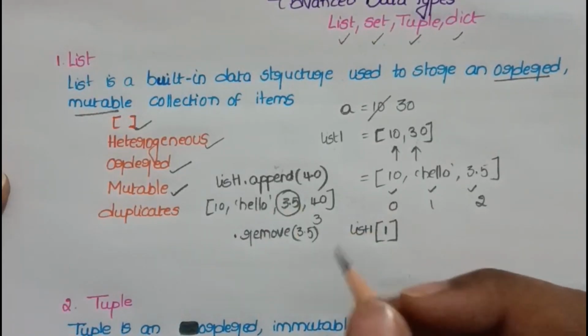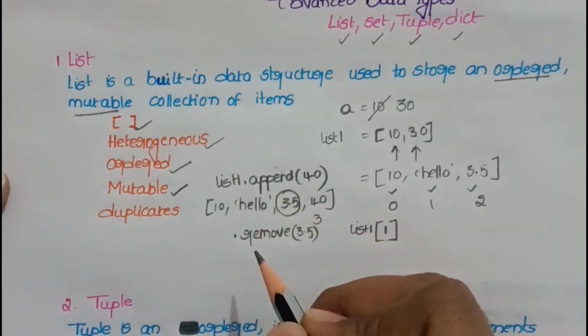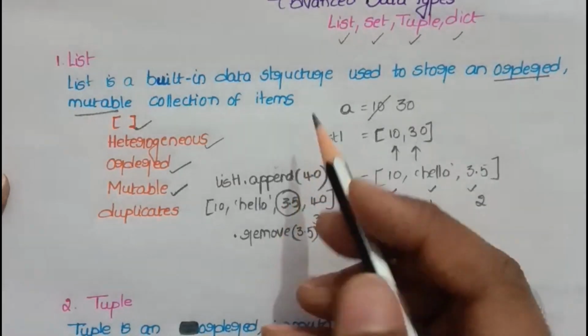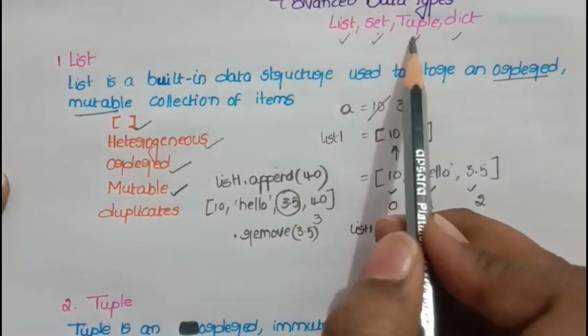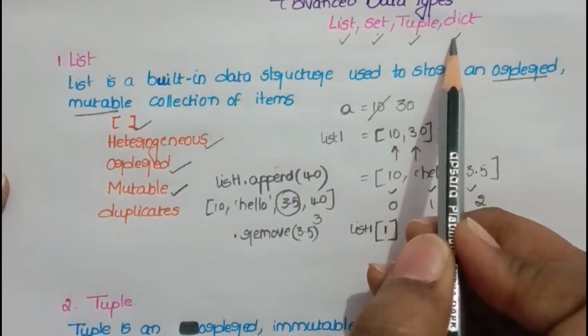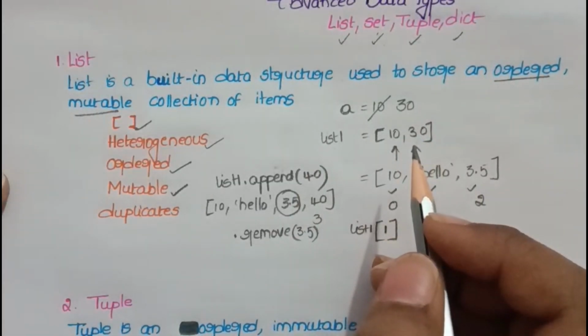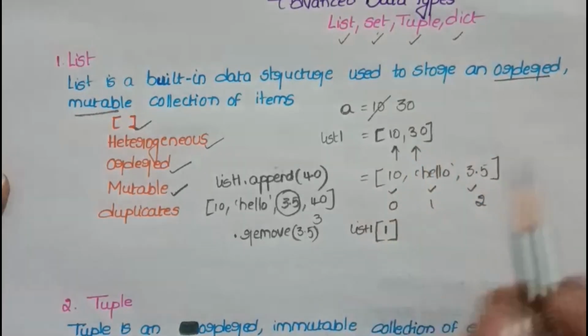In this way, using append and remove, we can add or delete elements of a list. When we discuss each of these data types in detail, I will go through multiple built-in functions available for each data type. This is just an introductory video for advanced data types available in Python.